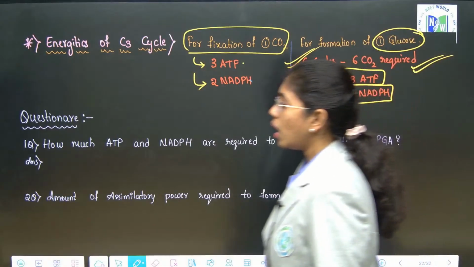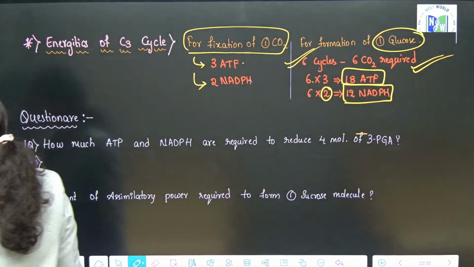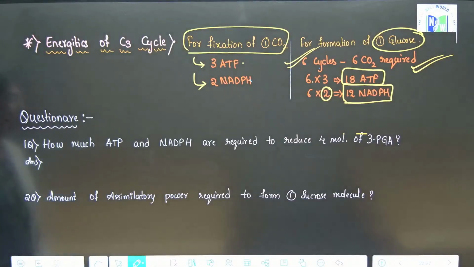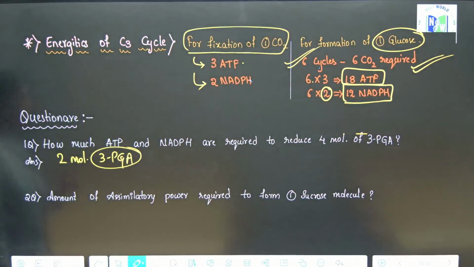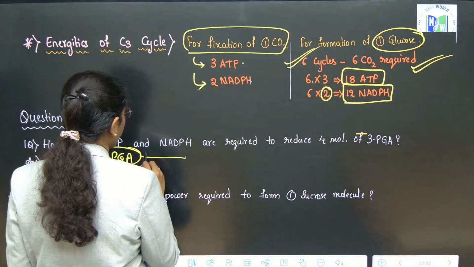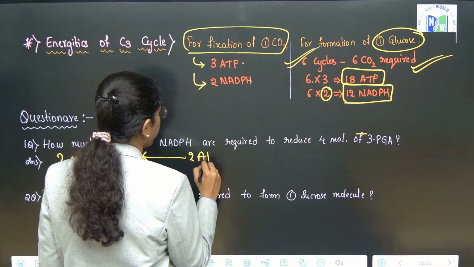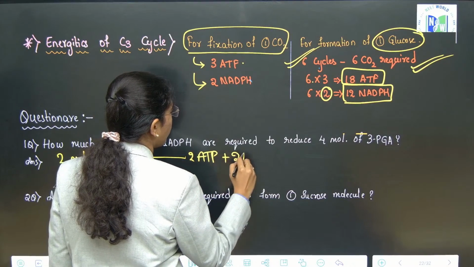Fine, right? How much ATP and NADPH are required to reduce 4 molecules of G3PA? To reduce 2 molecules of 3-phosphoglyceric acid, we require 2 ATP and 2 NADPH.